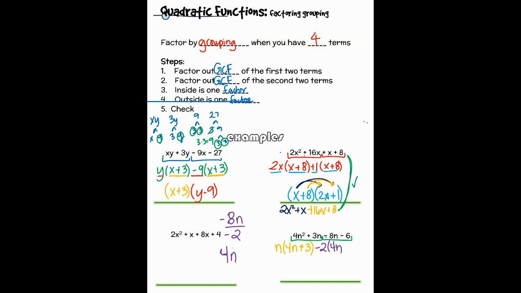And on the inside, negative 6 divided by negative 2, and that is positive 3. When I'm looking to see what's on the inside here, I keep with the negatives here. Okay, so 4n plus 3 is one of our factors, and this outside here, n minus 2, is our other factor. And you can check it by multiplying those two out. Let me know if you have questions on factoring by grouping.